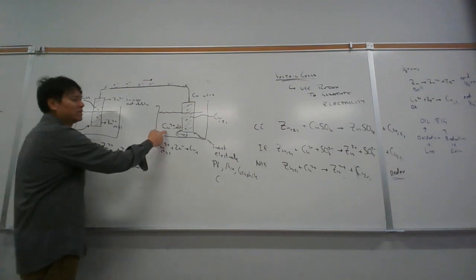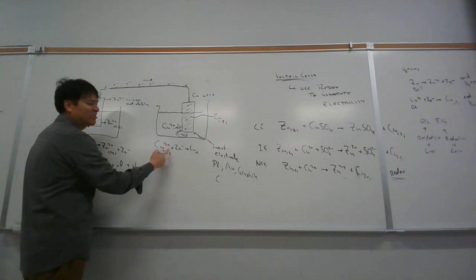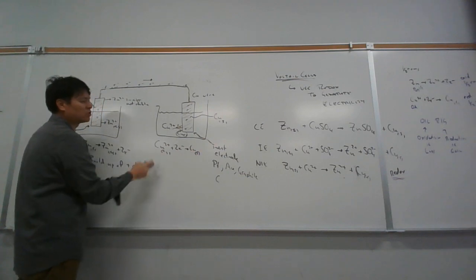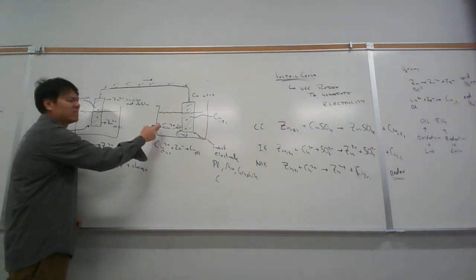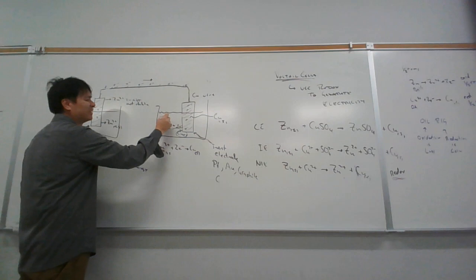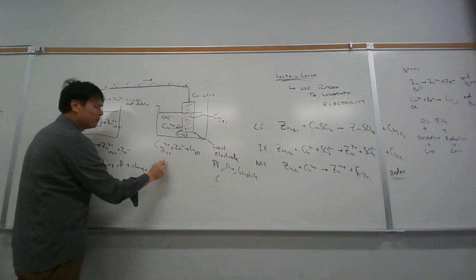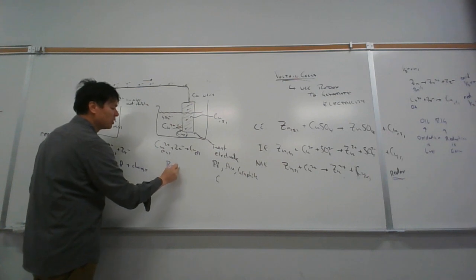Over here, we're losing the copper 2. As we lose copper 2 and replace it with copper solid, we're losing positive charge. The negative charge is the same because we have sulfate in here, and sulfate's not doing anything, it's a spectator. And so over here, we're going to have a buildup of negative charge.